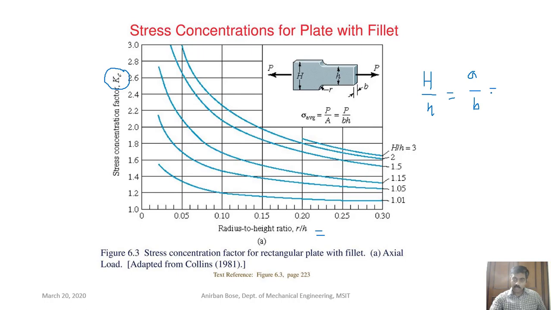In our problem it was given A and B, so it is 60 by 40. Okay, so what is 60 by 40? Tell me. This is 3, 8, sorry, this is 1.